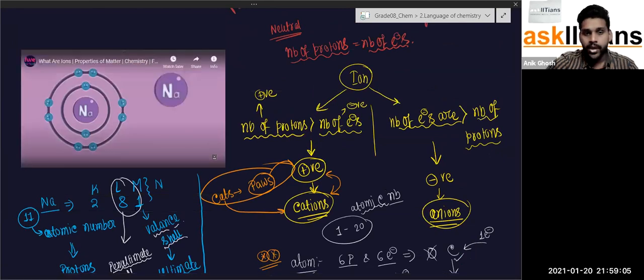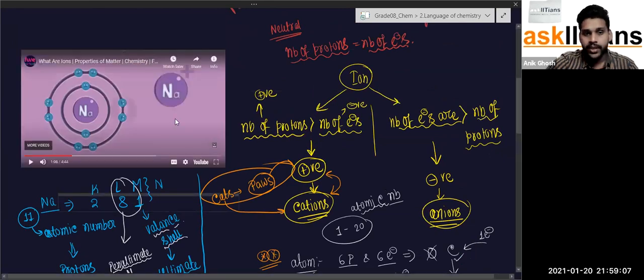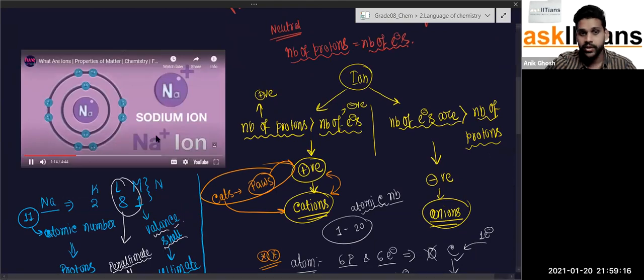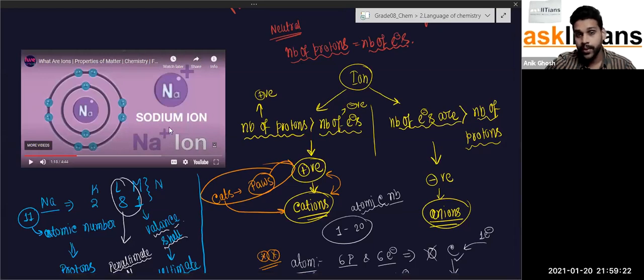So when we are taking out that electron from the valence shell, sodium is becoming Na plus, right? Sodium plus ion. So this is how it is written. You can see the cations are written like that. Earlier we used to write Na, but when it is a positively charged ion, we write Na plus over its head.